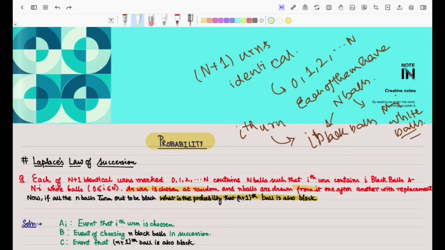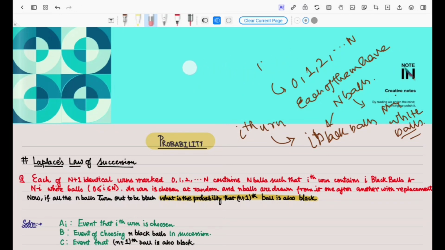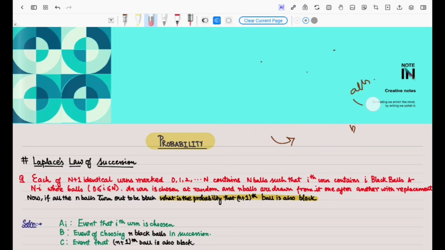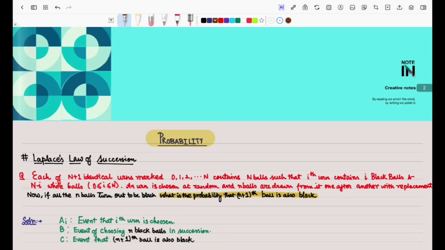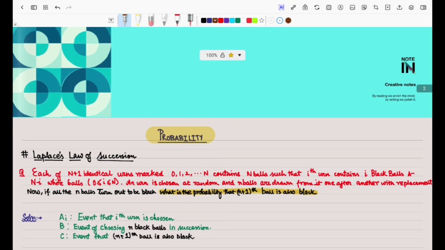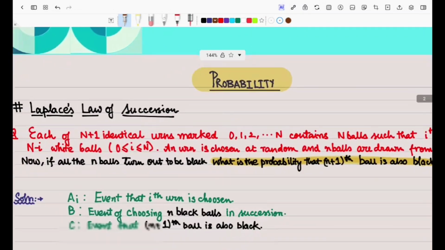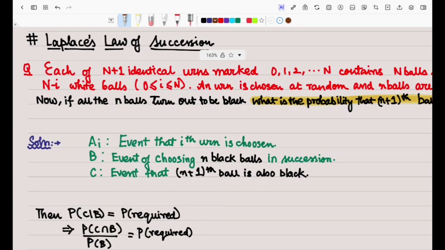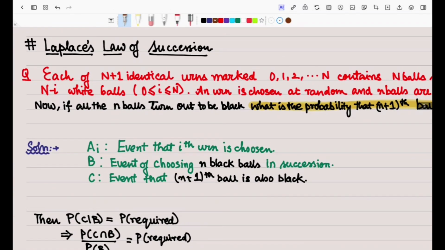Let me erase this so that it's not very hazy. What we do in this question is formulate it in terms of events.